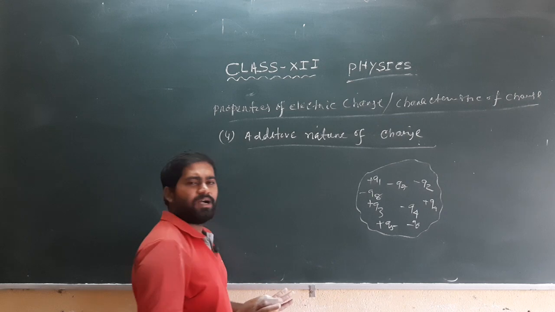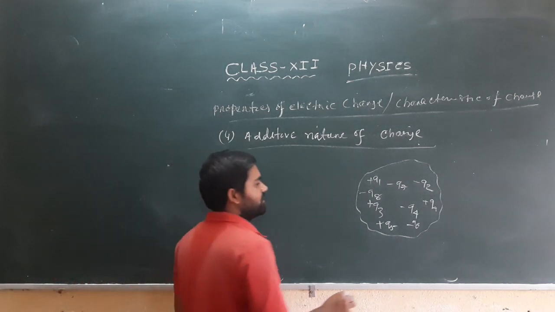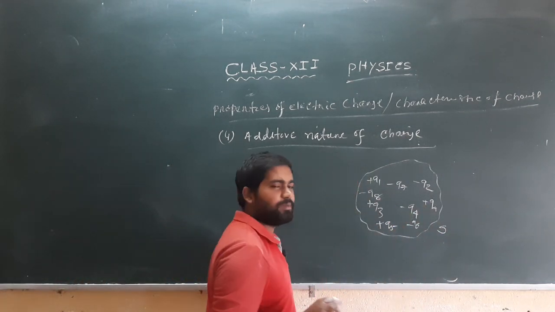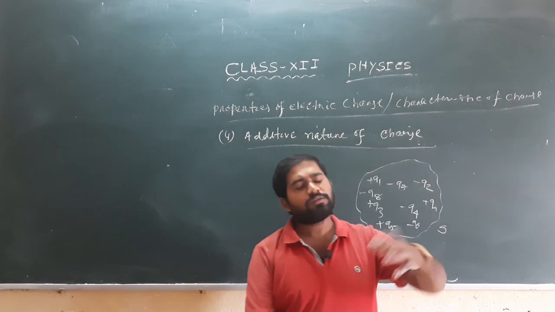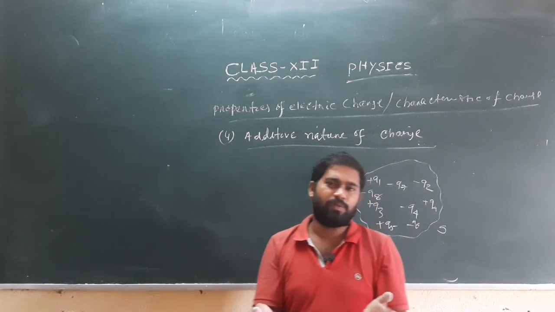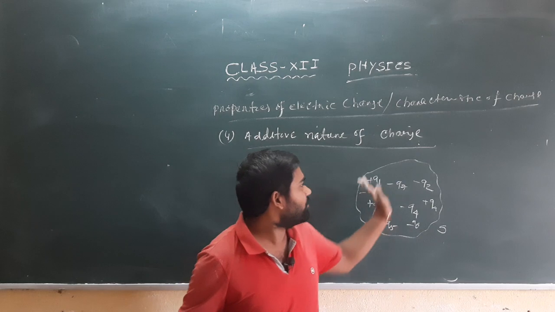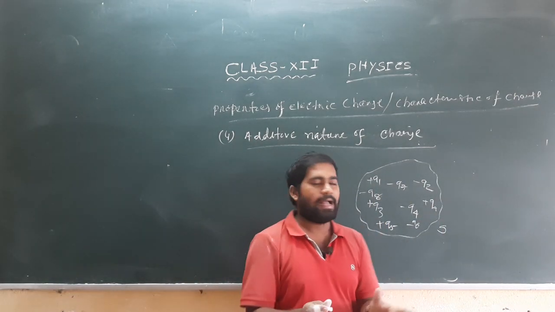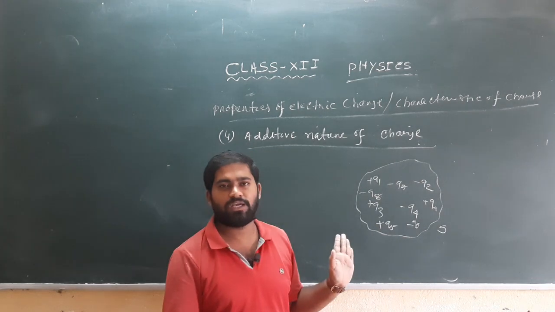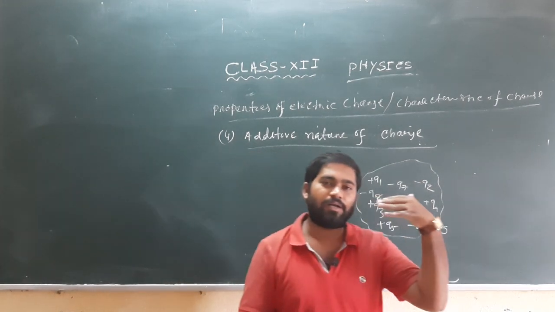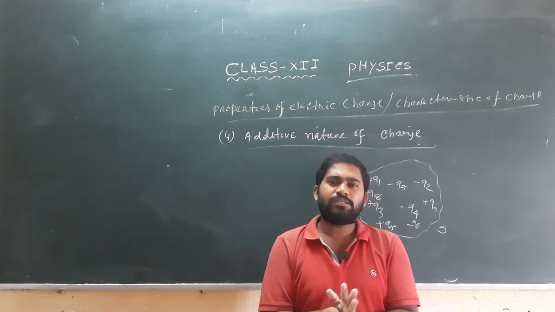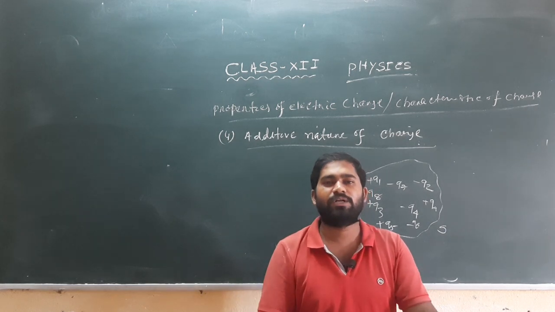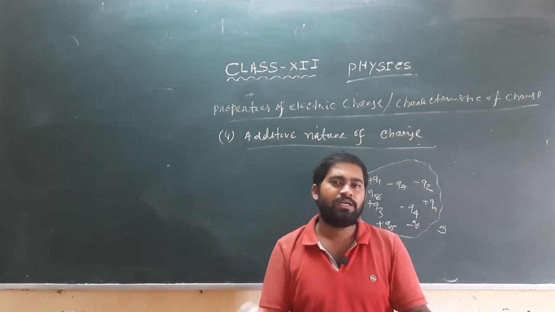These are the different charges present in a system S, and all the charges possess different magnitudes. So in order to calculate the total charge of that system, we just add all the charges, and after calculation the resultant charge left in the body will give the total charge of that system.